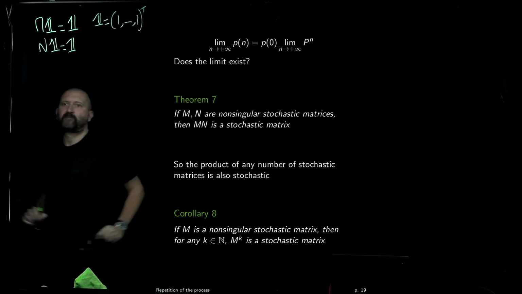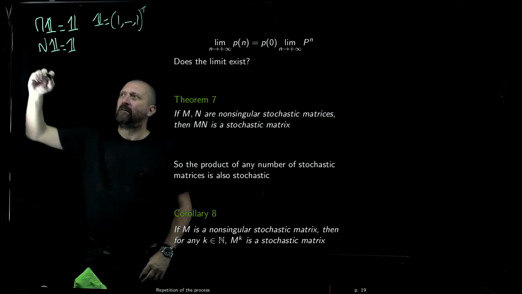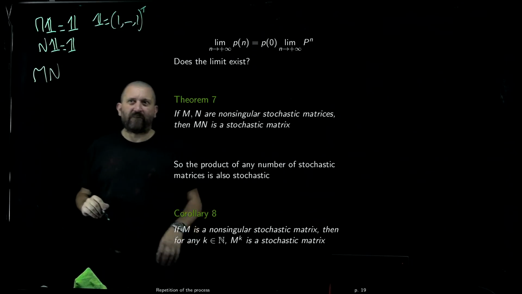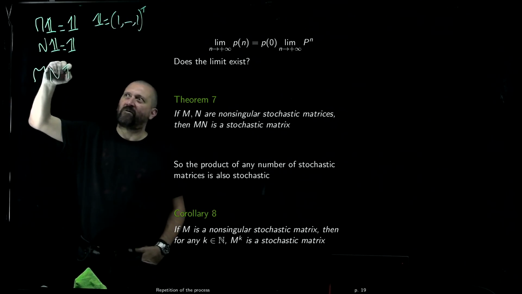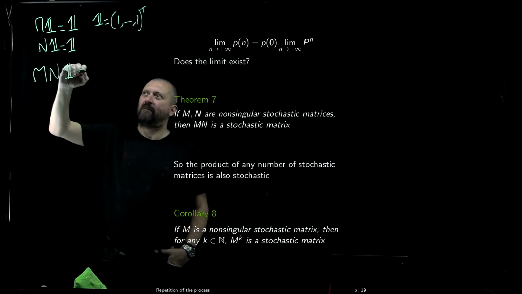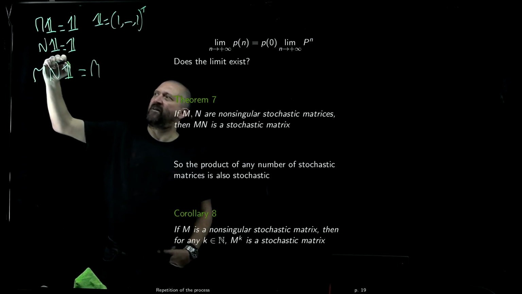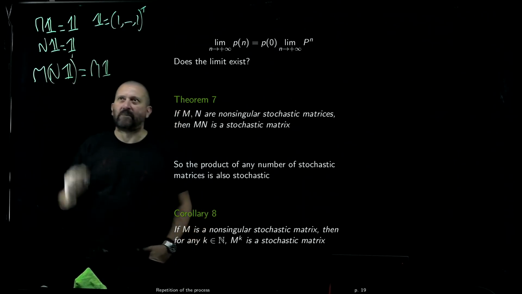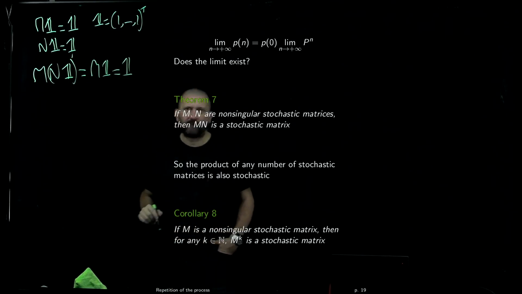So what's MN? Well, MN is stochastic if the row sums give 1. Because N is stochastic, this here is equal to 1, and because M is stochastic, this is equal to 1.